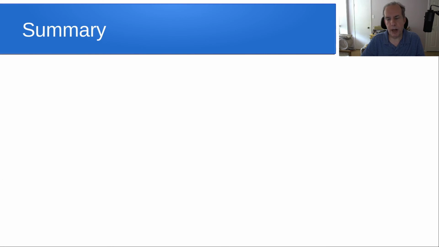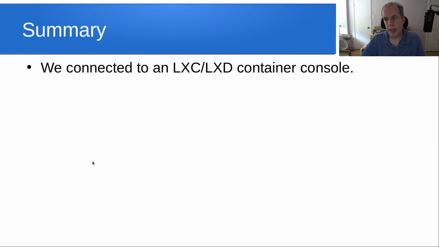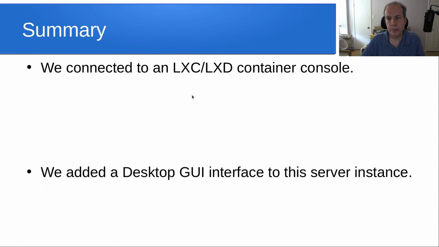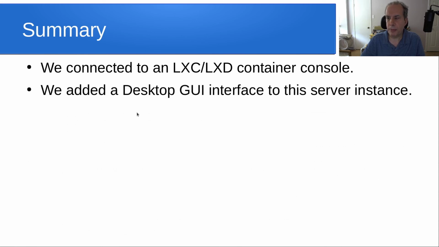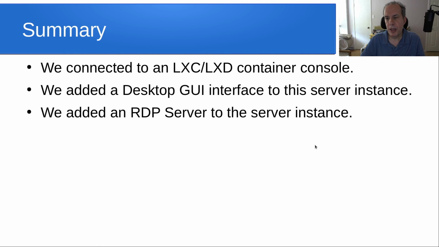So I know we did quite a bit today. We connected to a LXC LXD container console, which started basically as a command prompt, which is where we ended the last video. We added a desktop GUI interface to this server instance. So keep in mind, servers don't normally have a desktop interface, and we added a desktop interface to this server Ubuntu. We also added an RDP server to that server instance using Microsoft's Remote Desktop Protocol.